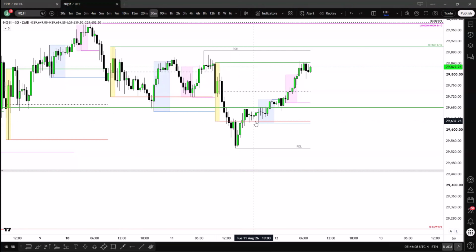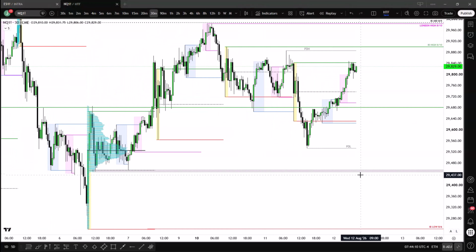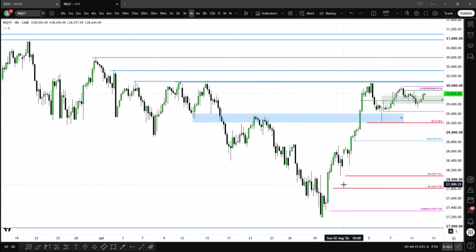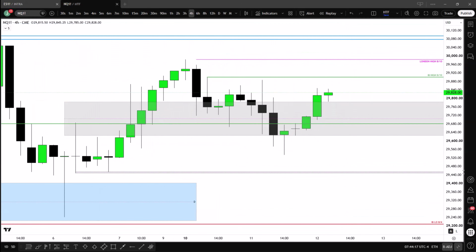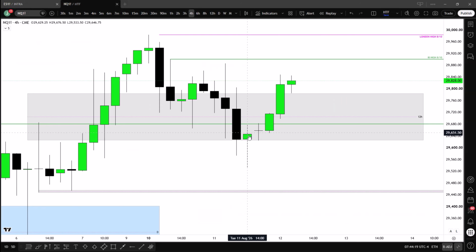Once we close above, that now acts as support. That is two. And you could also combine candle range theory, because if you look at a 4-hour chart down here, this candle broke the low here, finished well inside the range of the body, and is delivering from this 4-hour fair value gap.